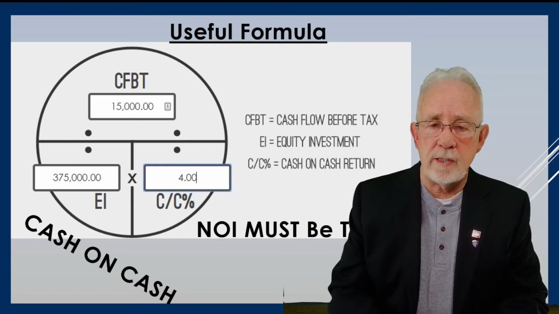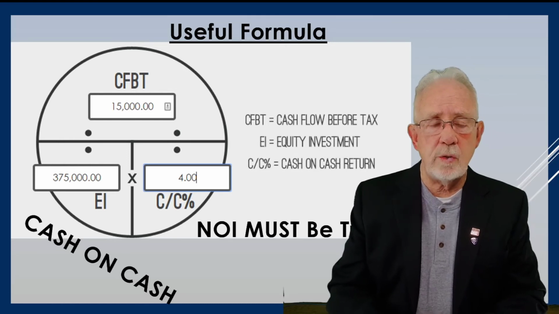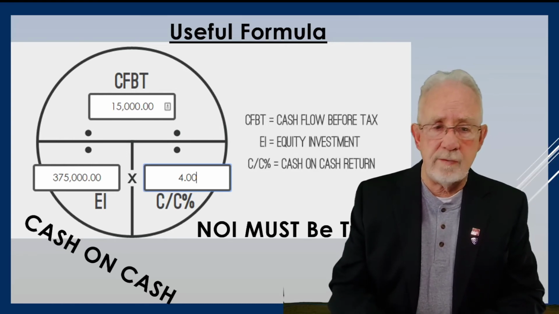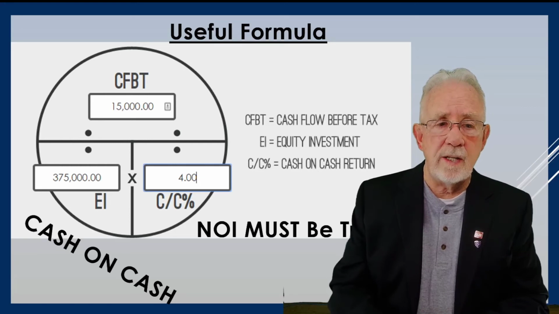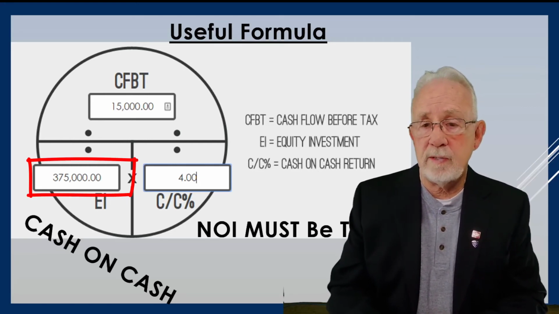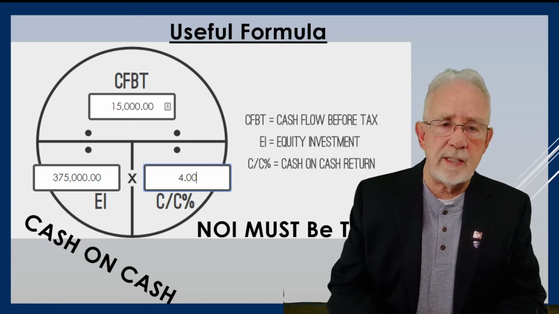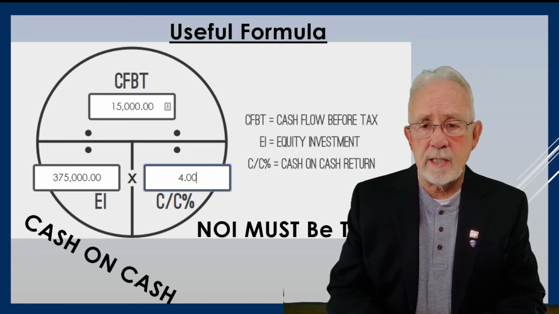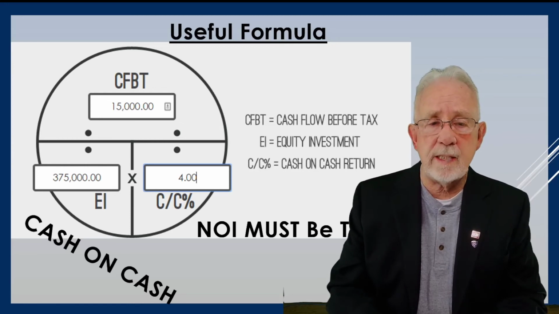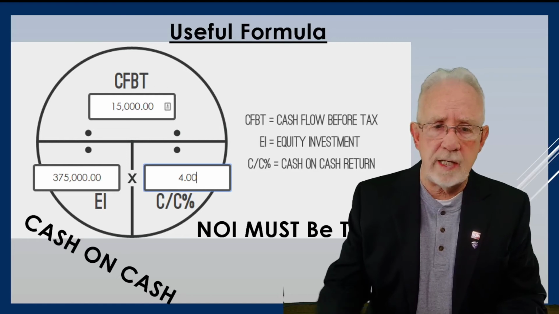It covers all the expenses and the price that you paid for the property. And so you could see that your equity investment in this case is $375,000. Maybe they gave $350,000 for the property. Divide that into your $15,000 cash flow before tax, which is your net operating income, which must be true, and then you get your cash on cash return.